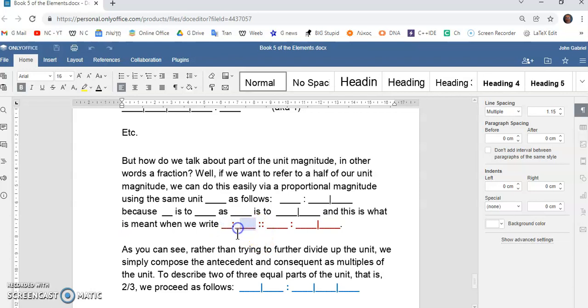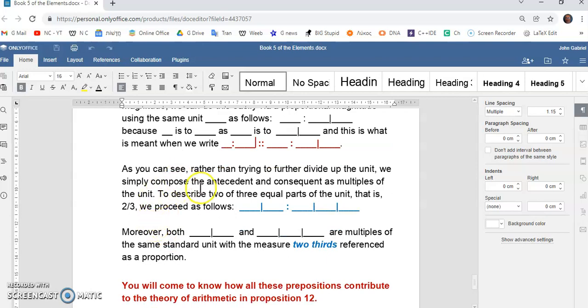We use the same unit, and we just represent a half in terms of that unit by changing the consequent of the ratio. So as you can see, and I'll put this in a detail section, so don't worry too much about it, just concentrate on what I'm saying. Rather than trying to further divide up the unit, we simply compose the antecedent and consequent parts as multiples of the unit. So to describe 2 or 3 equal parts, or 2/3, we simply write a ratio like this, okay? 2/3.